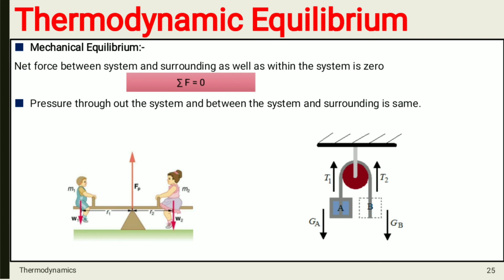Just like force, the pressure throughout the system and between the system and the surrounding should be the same. It means that for the particle or object on which the forces are acting or pressure is applied, if the summation of all will be 0, then that system is said to be in mechanical equilibrium.